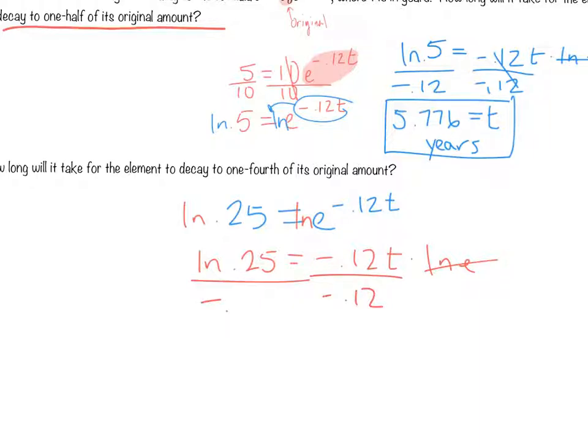So I have the natural log of 0.25 divided by negative 0.12, and I get t equals 11.552 years.